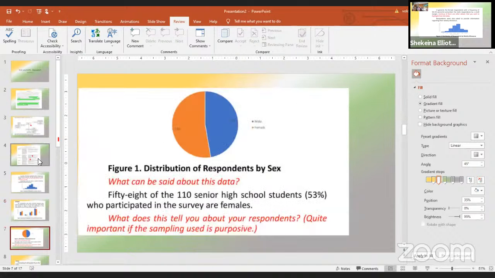Right. And here is just an example of a graph, sorry, a chart, and how you represent the information. This is about the distribution of respondents by sex. And it says, what can be said about this data? What can be said about the data is what you would have gathered, and you say exactly what it is.